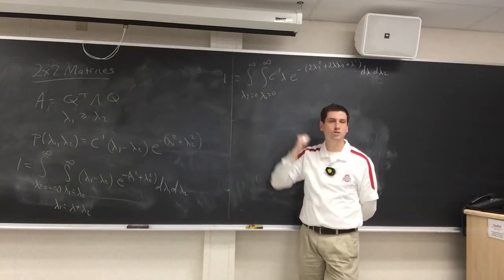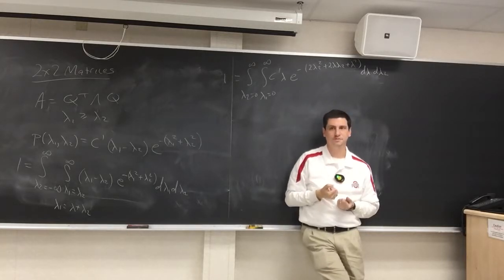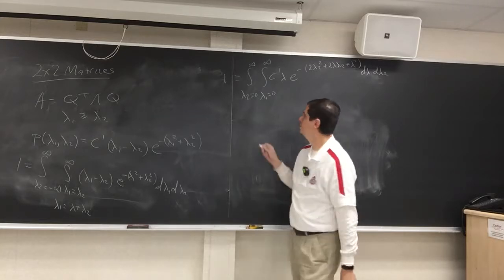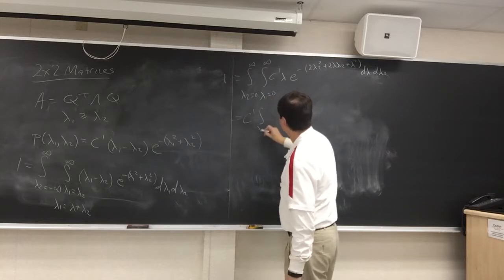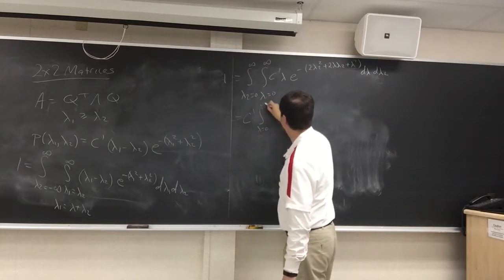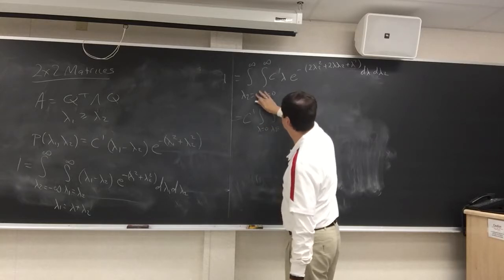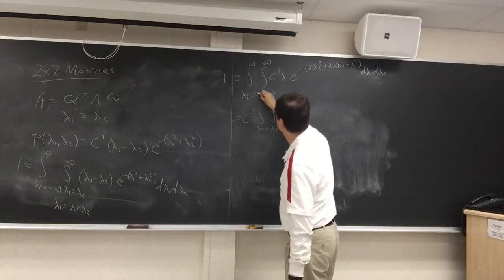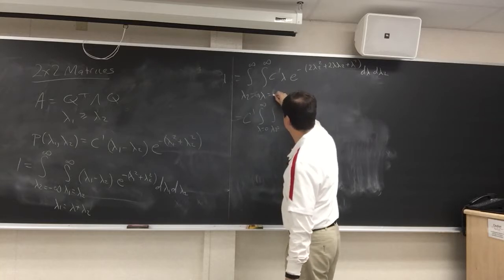So I have a double integral. One of our best techniques for double integrals is to just switch the order. And so we'll do the integration over lambda 2 first. So we get C prime integral lambda equals 0 to infinity, integral lambda 2, oh sorry, lambda 2 is going from minus infinity to infinity, and lambda is going from 0 to infinity.